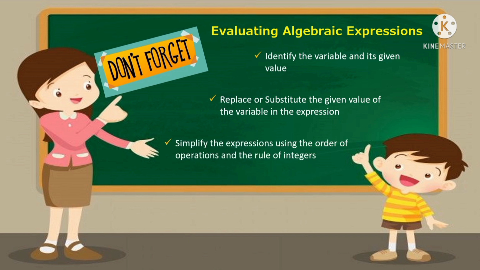And number 3 is simplify the expression using the order of operations and the rules of integers. And also don't forget to analyze the given expression, because you will not be confused if you understand what the given expression is.